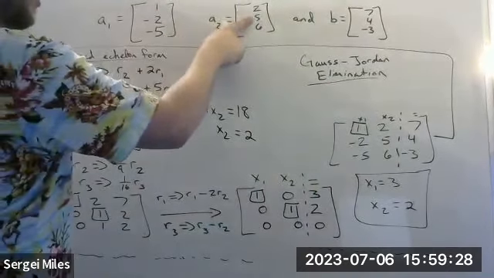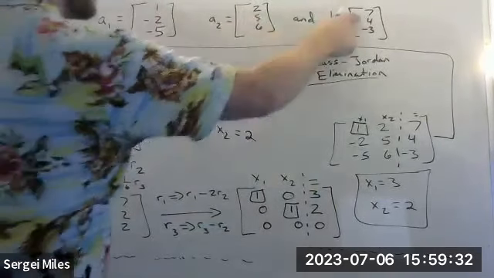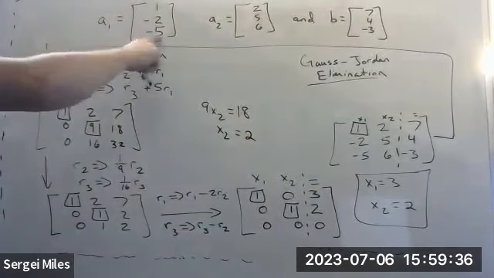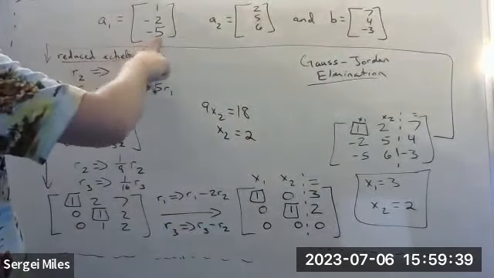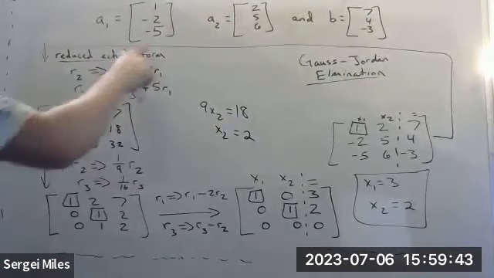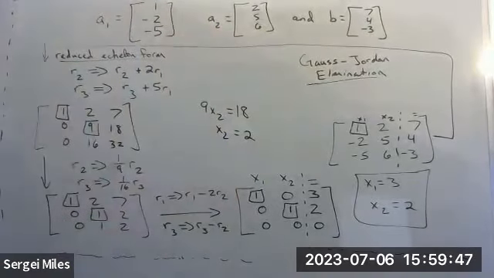Plus 2 times 5 is 10. Well, negative 6 plus 10 gives me the positive 4. That's good. Negative 5 times 3 is negative 15. Plus 2 times 6 is 12. Well, negative 15 plus 12 gives me negative 3. So lo and behold, B is a linear combination of A1 and A2.